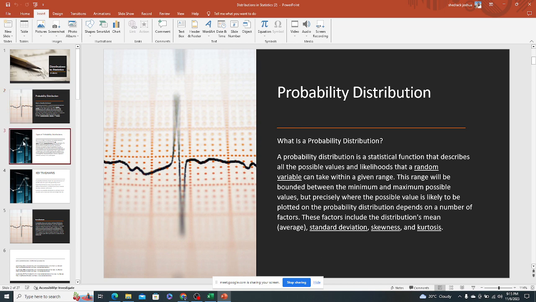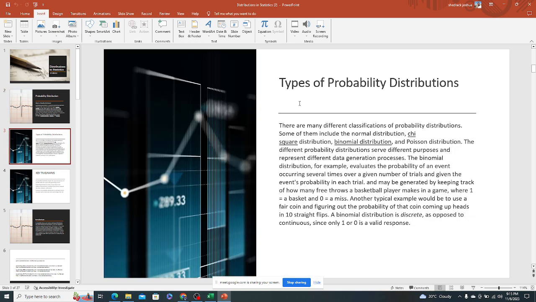Then after that we'll also check the different types of probability distributions, and in this case we are going to discuss only the types of distribution. Of course, we have very many distributions. We have independent distributions, and we also have mixtures.